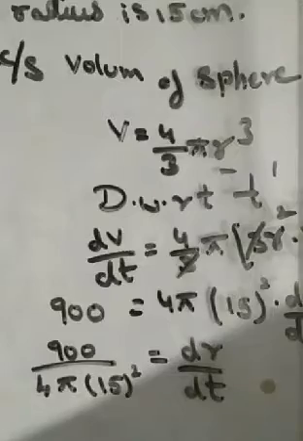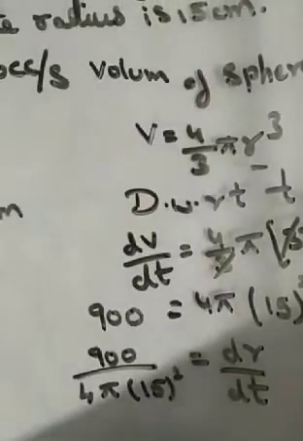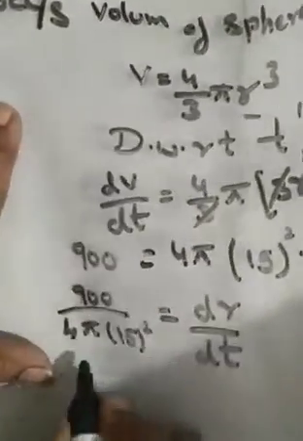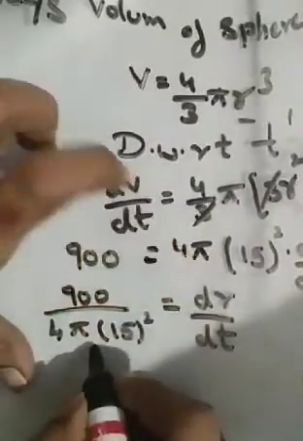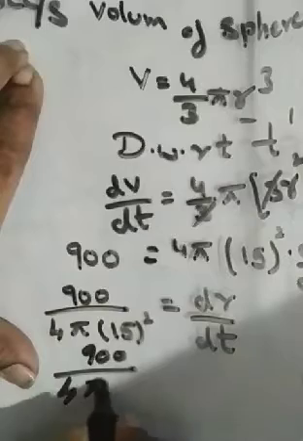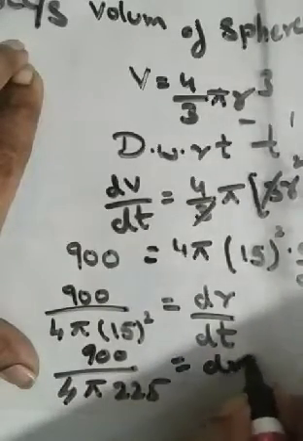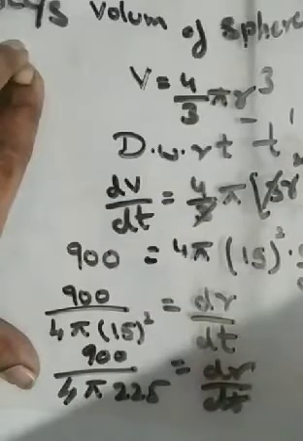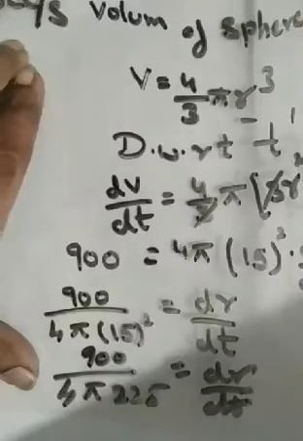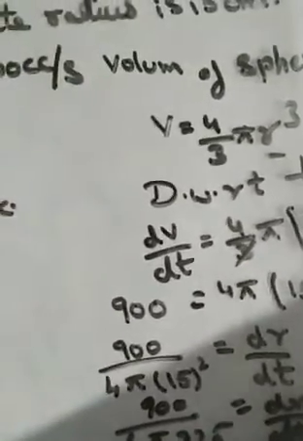The 15 square is 225. 900 divided by 4 pi into 225 is equal to dr by dt. 225 into 4 will be 900.